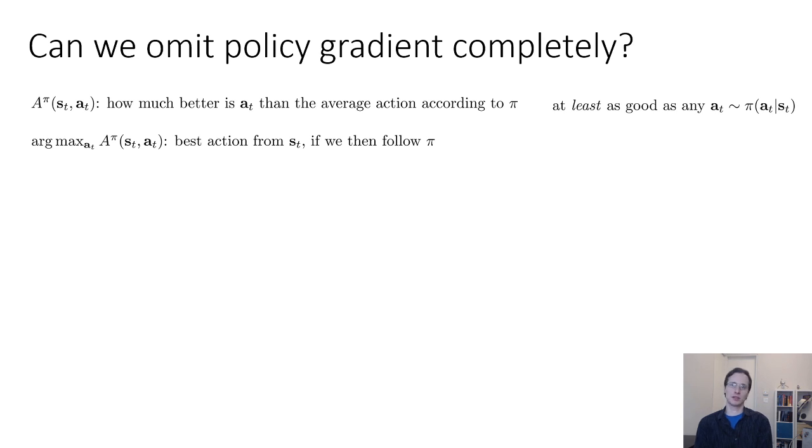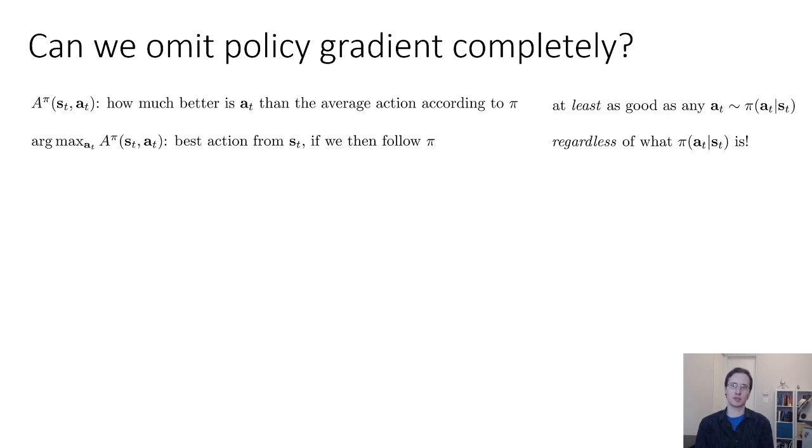Which means that the argmax with respect to AT of the advantage is going to be at least as good as an action that we would have sampled from our current policy. We know it's at least as good because it's actually the best. So if it's the best action from ST, if we then follow pi thereafter, then it's at least as good as whatever action pi would have chosen. And the interesting thing is that this is true regardless of what pi actually is.